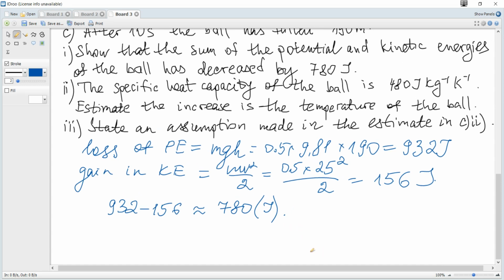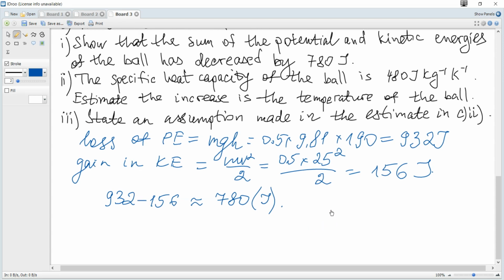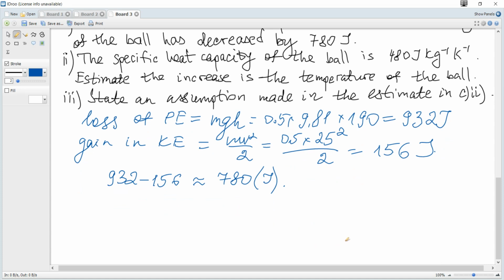The specific heat capacity of the ball is given. Estimate the increase in the temperature of the ball. So when energy is transferred to some object, we know that the energy required to heat something up is equal to specific heat capacity multiplied by mass and multiplied by change in temperature.